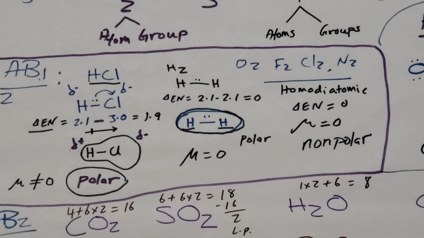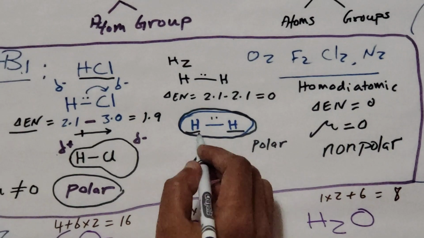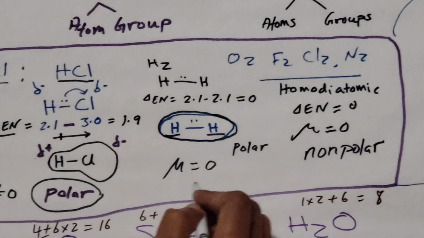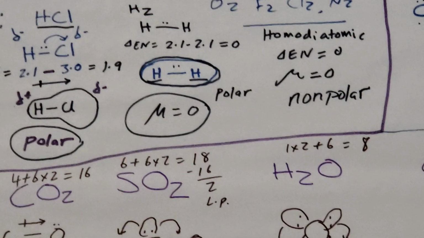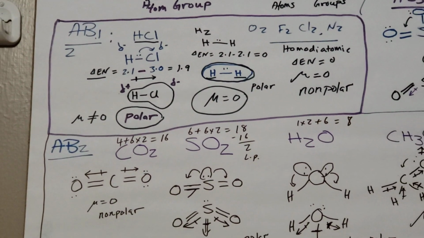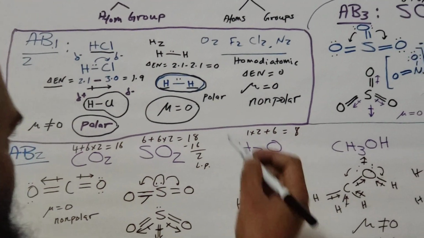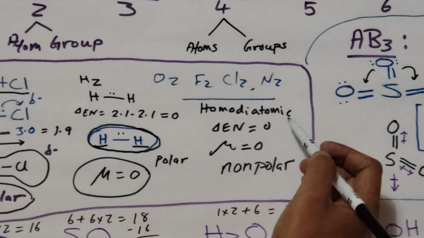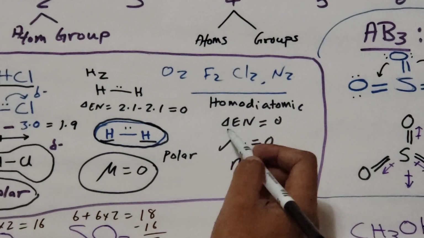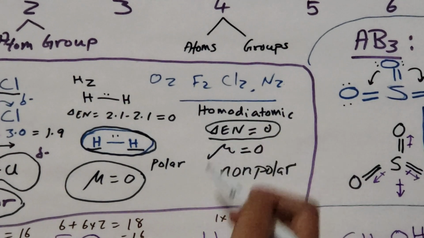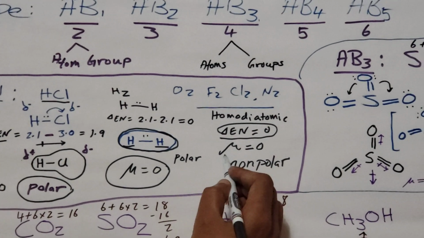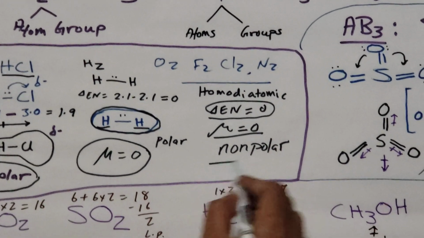That means there is no difference in electronegativity, and so the dipole moment is zero. In the same way, oxygen, fluorine, chlorine, nitrogen are homodiatomic, so they do not have any electronegativity difference, and because of this the dipole moment is zero and they are non-polar.